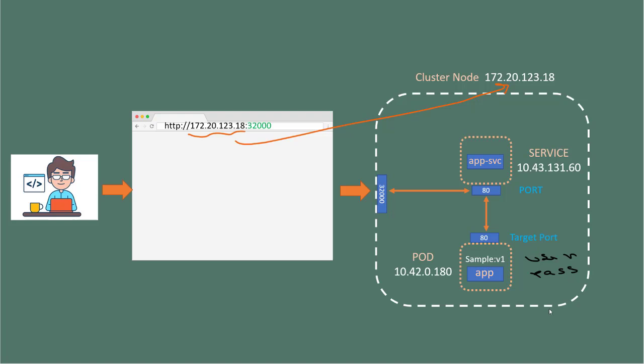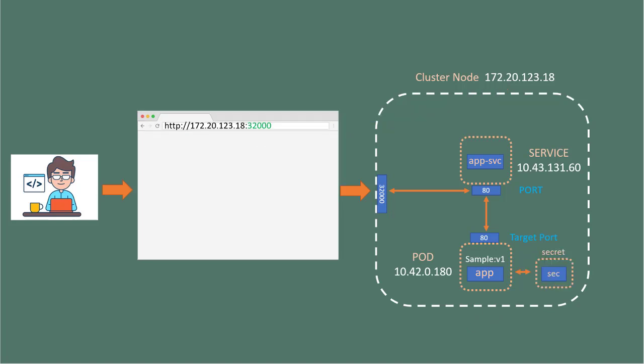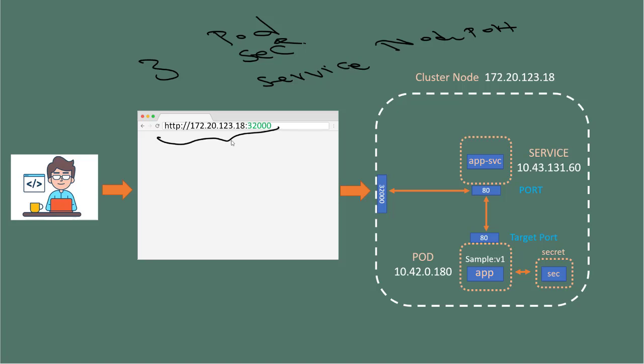There is another concept inside the Kubernetes cluster called secret. We can define a secret, put the credentials inside the secret, and call it inside the pod configuration. So we need three manifests: one manifest to bring up a pod, one for a secret to keep credentials, and one service of type node port to allow us to access the application from outside.